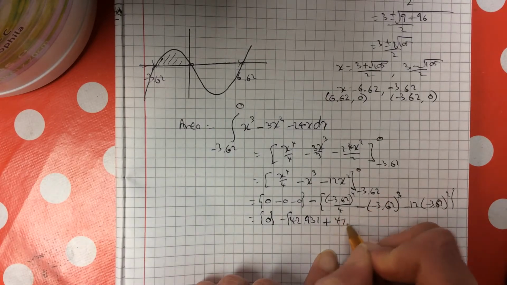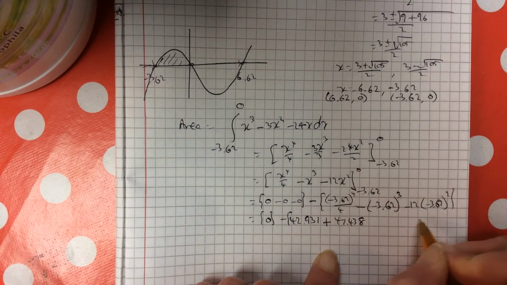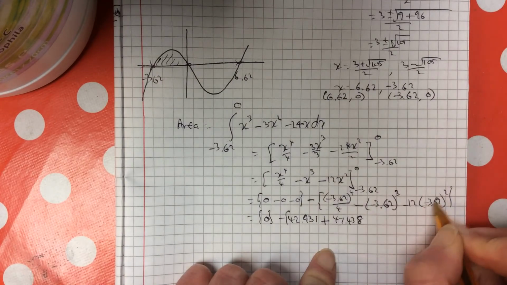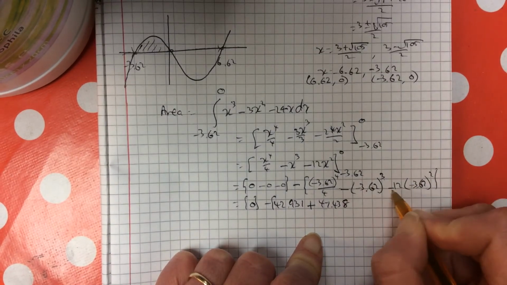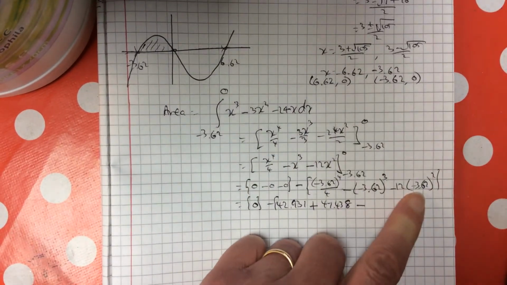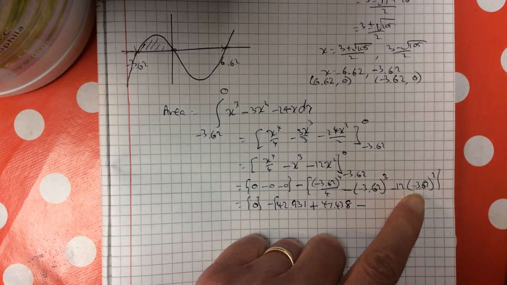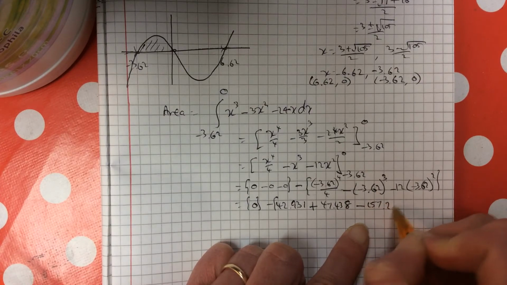So 47.438. A minus squared is a positive, and a positive and a minus is a minus. So it's 12 times 3.62 squared to give me 157.25.